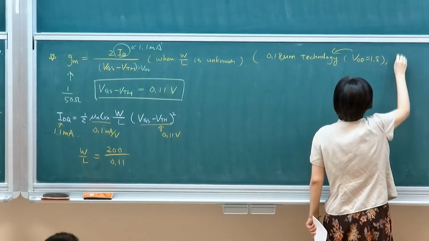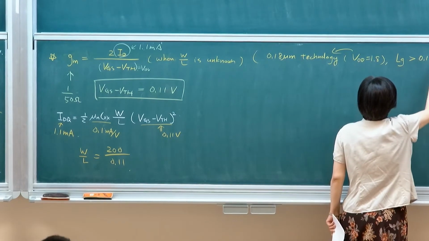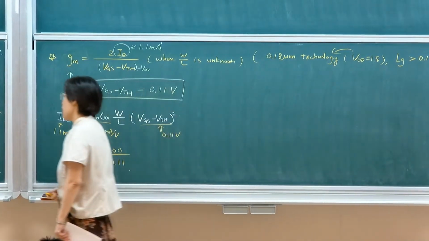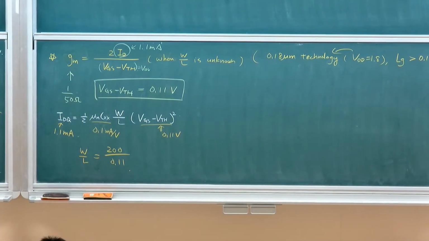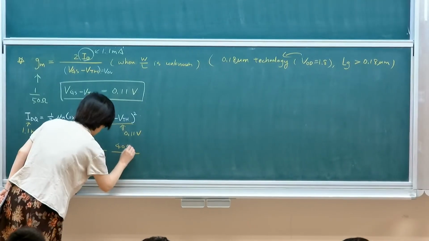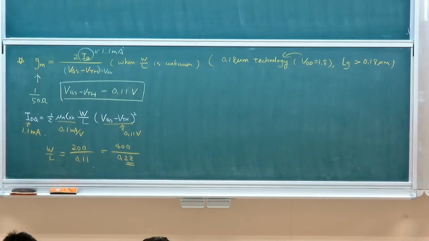It suggests that your gate length should be larger than that. So this is something that will violate the design rule because it cannot be made. Therefore, you could actually shift it to 400. So a better answer will be this. So this would then be larger than your minimum length.